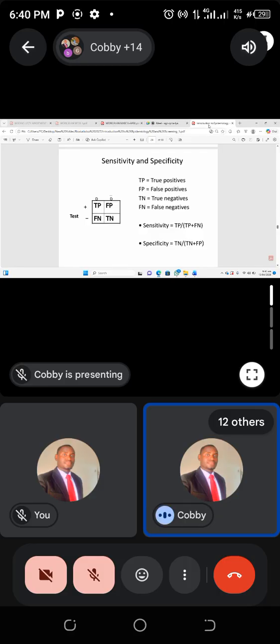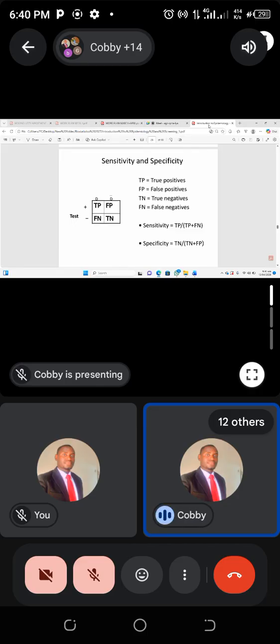Okay, so now we talked about some of the criteria that we should consider as we are doing this screening. One of the criteria is that the test that is used should be valid. That means it should be able to measure what it has to measure.